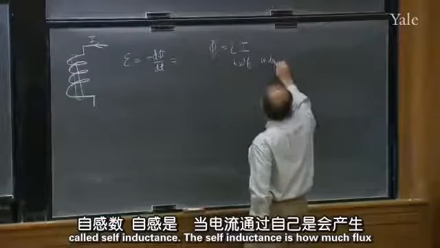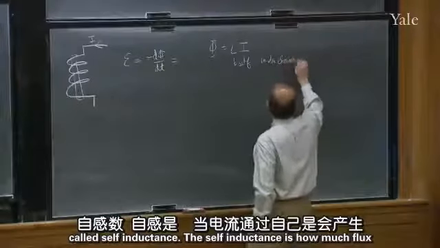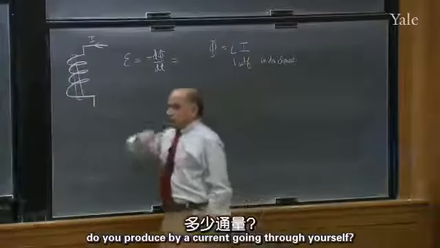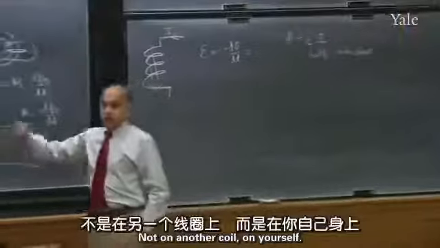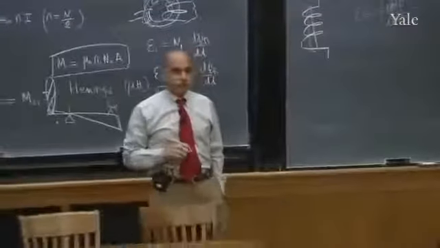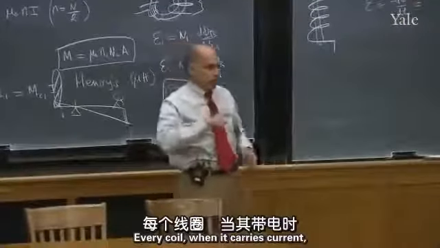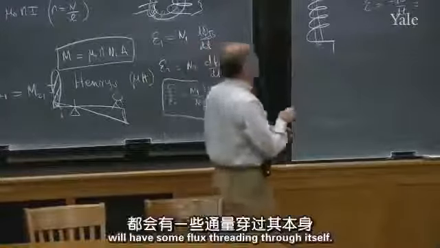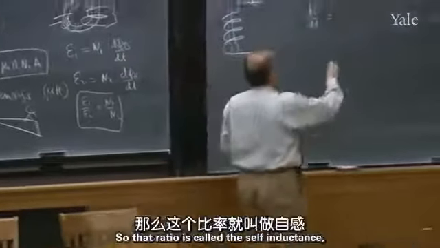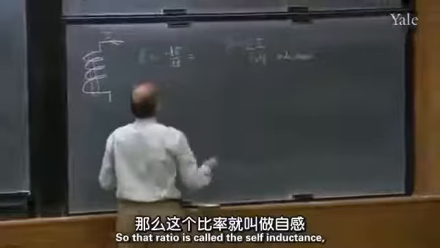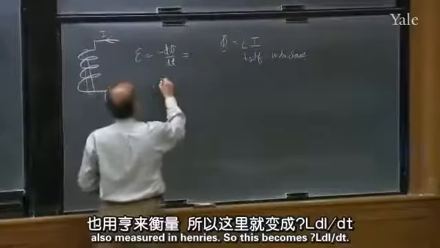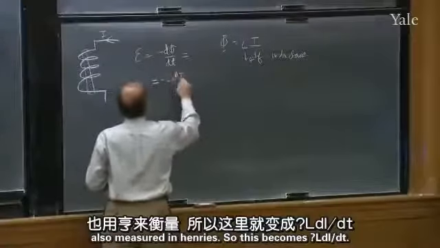The self-inductance is how much flux you produce by a current going through yourself, not on another coil, on yourself. So every coil, when it carries current, will have some flux threading through itself. So that ratio is called the self-inductance, also measured in henries. So this becomes minus L di/dt.